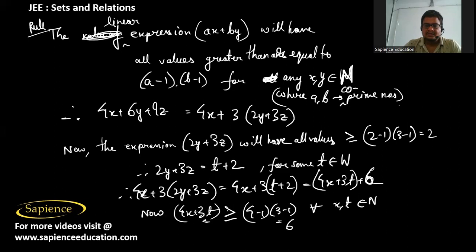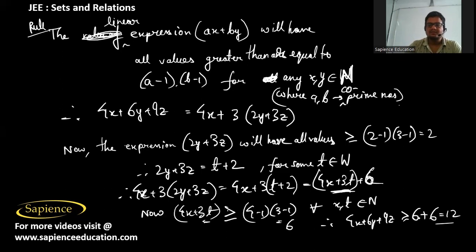So therefore its value is more than or equal to 6. Therefore 4x plus 6y plus 9z will be more than or equal to its minimum value, 6, so it will be more than 6 plus 6, which is 12.